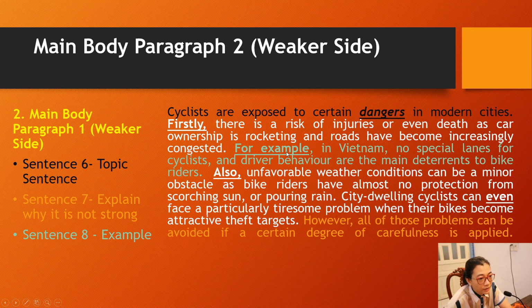Just one. For example, in Vietnam, no special lanes for cyclists and driver behavior are the main deterrents to bike riders. The example that I have given for the first drawback, and how I explain the last sentence.